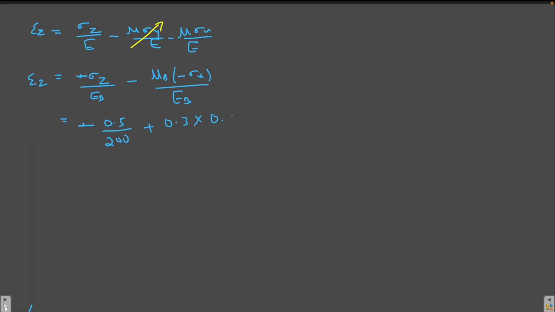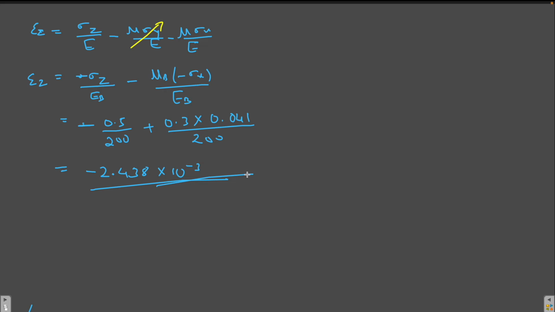Now this will be 0.041 by E, E is 200, and if you calculate this, what will you get? It is minus 0.438, or 0.44 you can write, into 10 to the power minus 3, and you are getting this as negative.